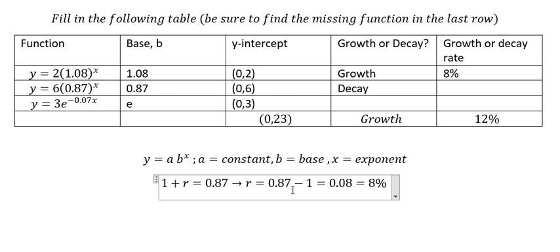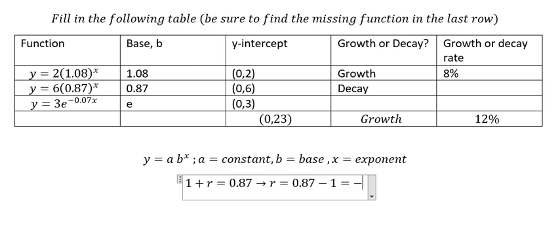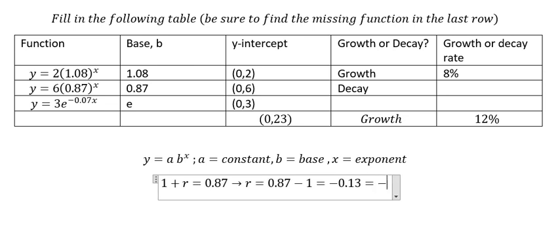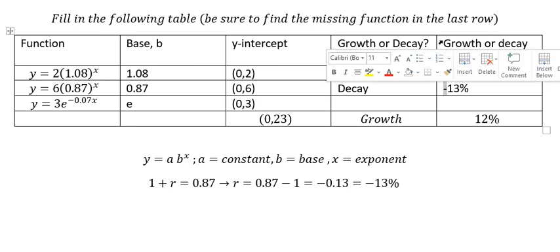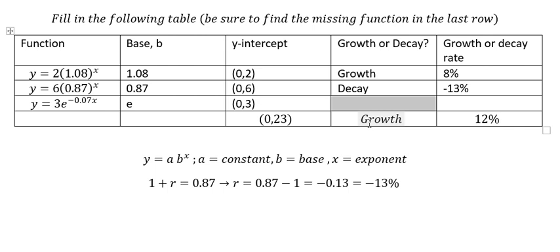So we calculate this one and we have negative 0.13, which is negative 13%. And we can put this one here, or maybe we can put a negative sign here, so it represents decay.